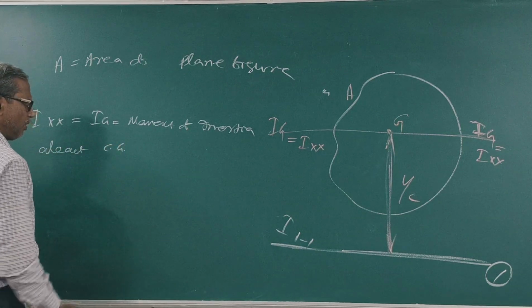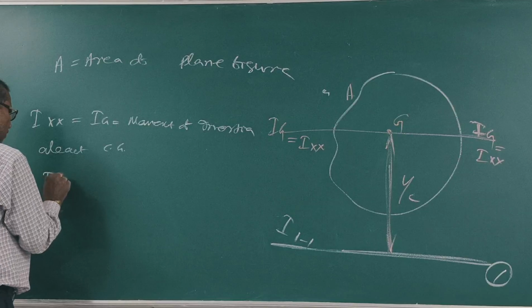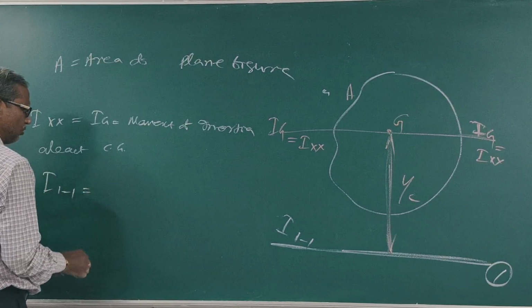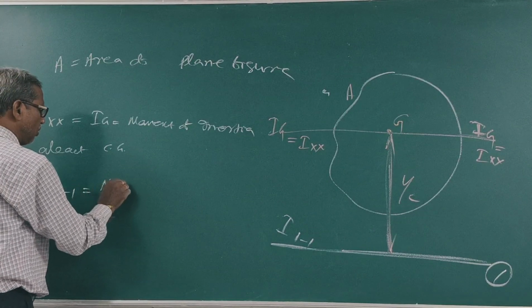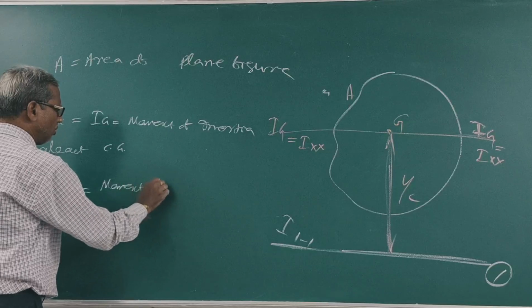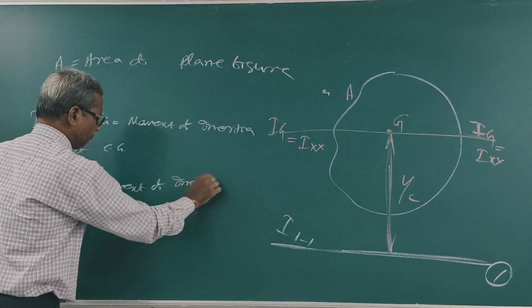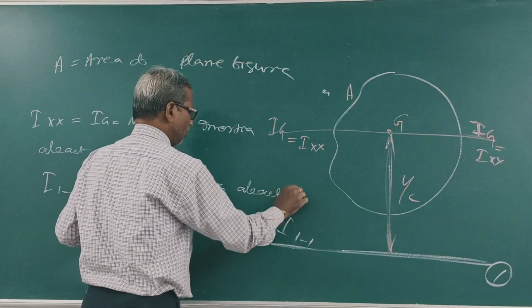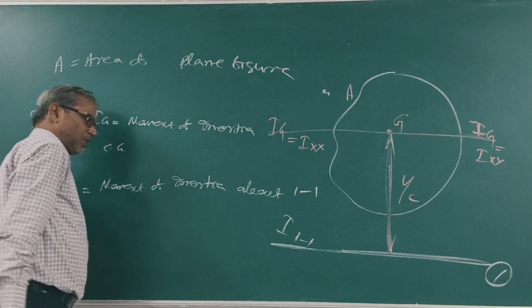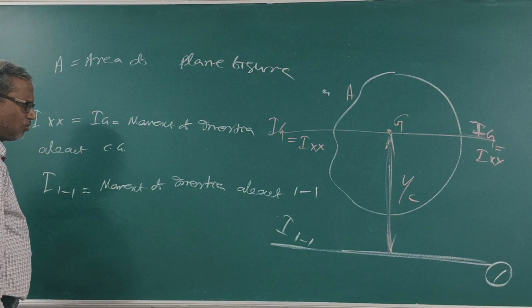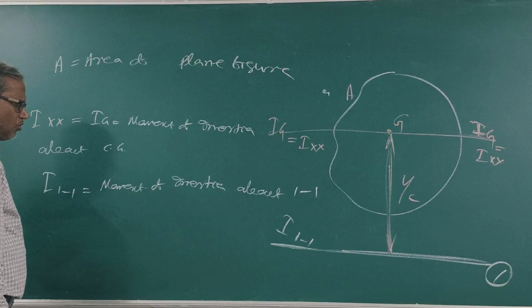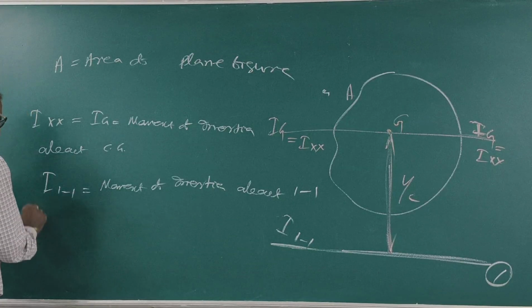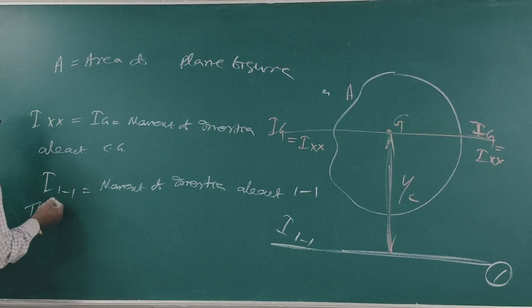I11 is equal to the moment of inertia about axis 1 1. Okay, axis 1 1, clear.